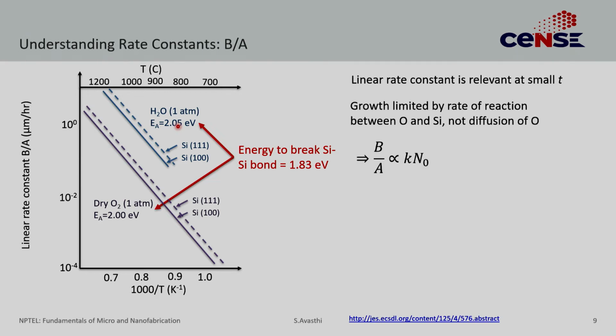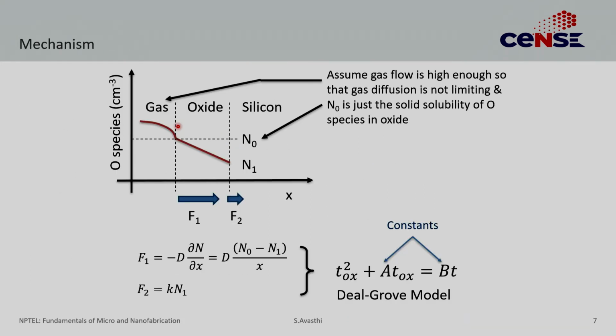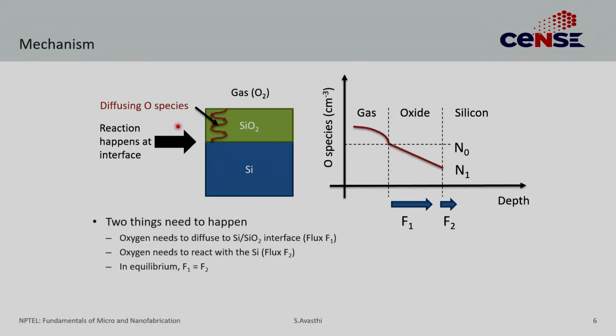You see, if the time is small, then the growth is not limited by diffusion. What we are essentially saying is the time is small. If you go back, if the time is small, then this silicon oxide has not grown to a large enough thickness. If the silicon oxide has not grown to a large thickness, then the problem is not diffusion through the silicon dioxide.